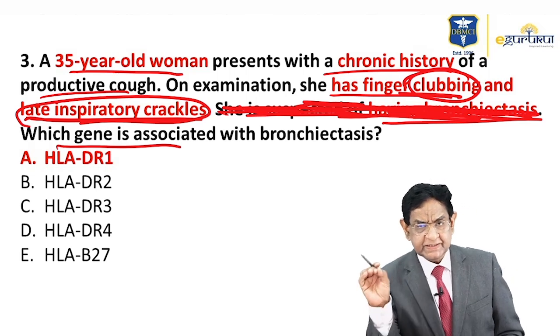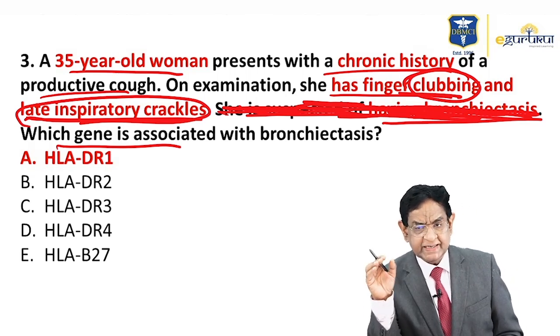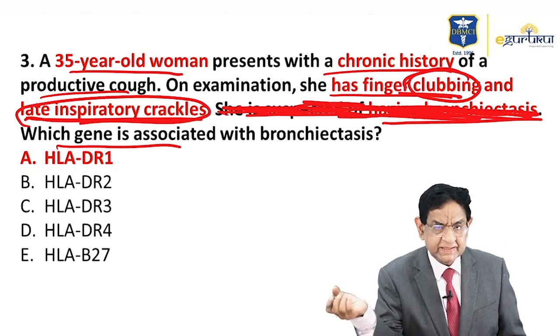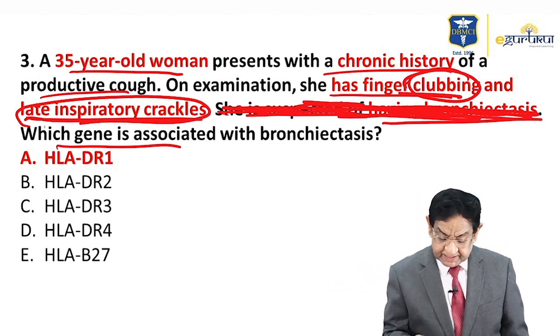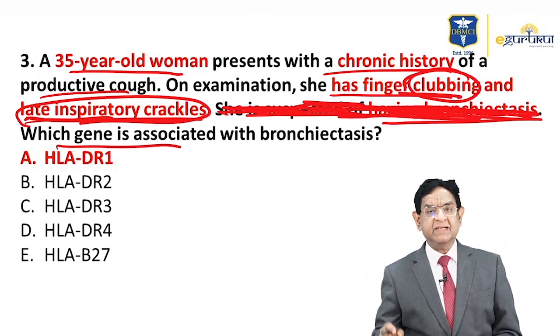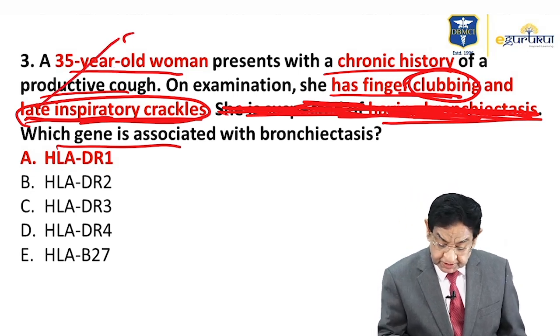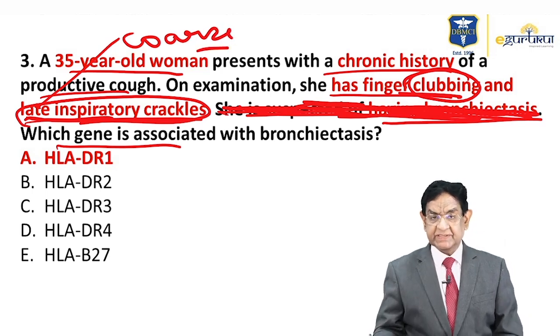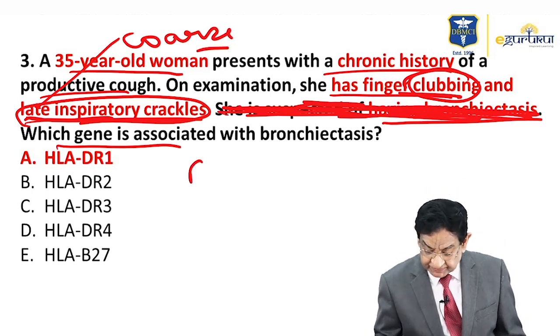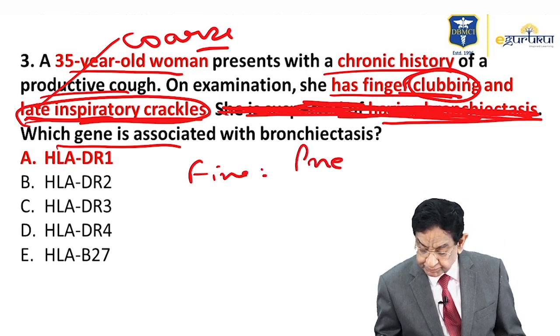So he just gave a clue to you. Clubbing can occur in many other conditions also. But these late inspiratory crackles are the classical finding, and they are very coarse crackles. They are not the fine crackles that we see in pneumonias and congestive heart failure.